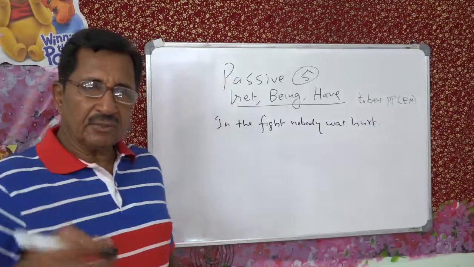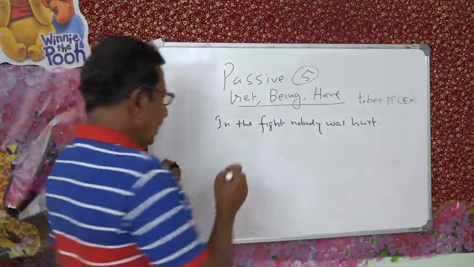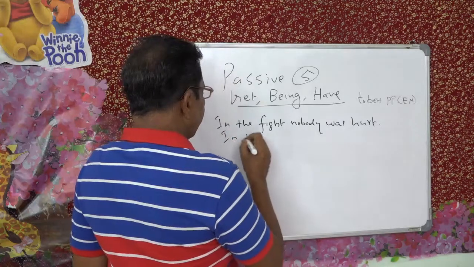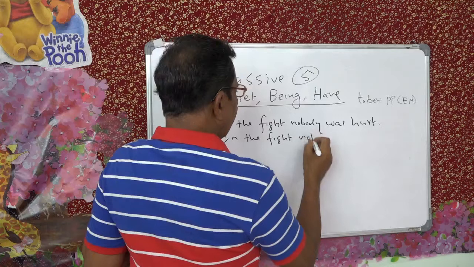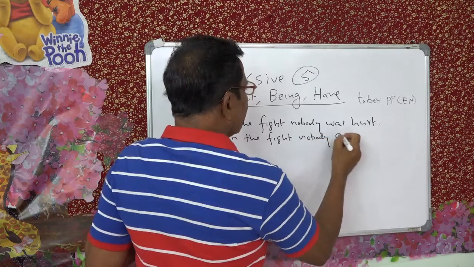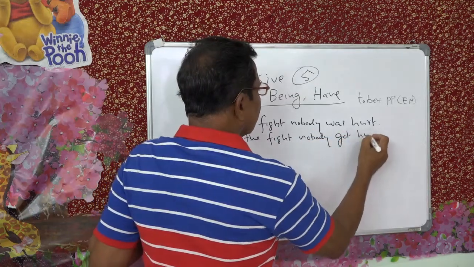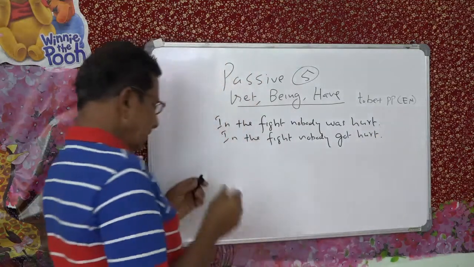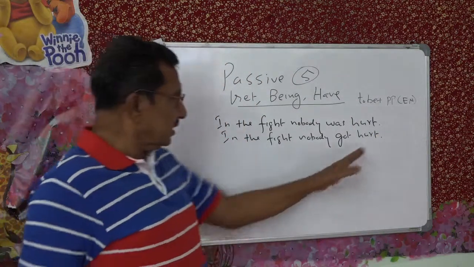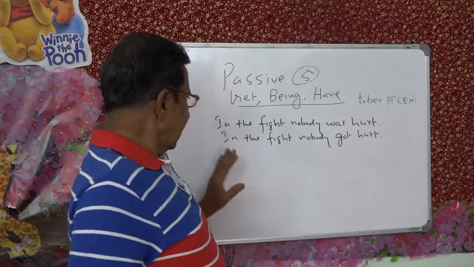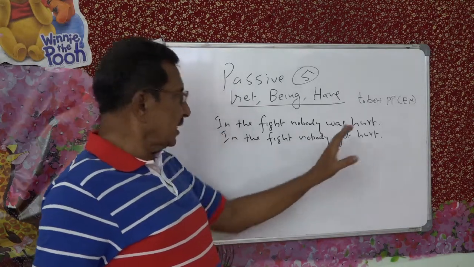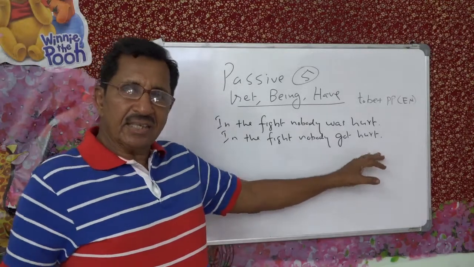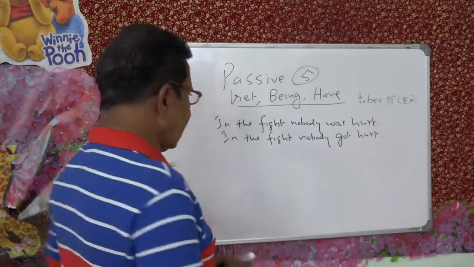You can rewrite this with a get passive. In the fight, nobody got hurt. If it is "in the fight nobody is hurt," then "in the fight nobody gets hurt." So let's write it down.